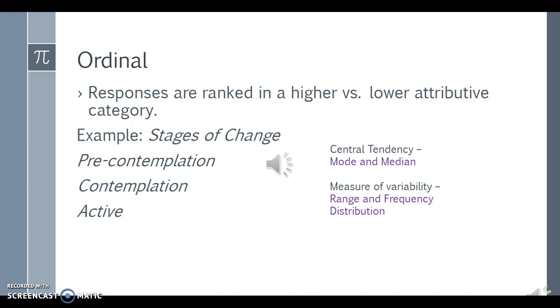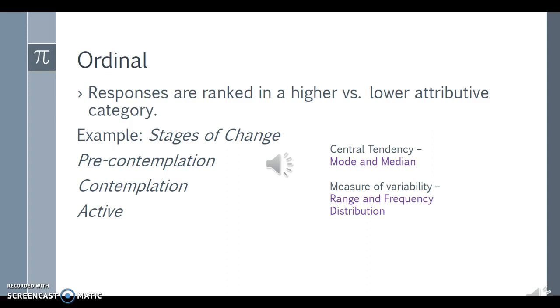With the ordinal level of measurement, there are ranks with the objects or events. So the responses are ranked in a higher versus lower attributed category. An example of this would be the stages of change.